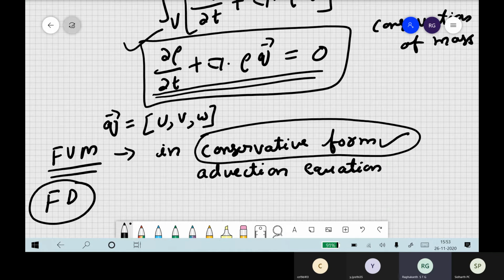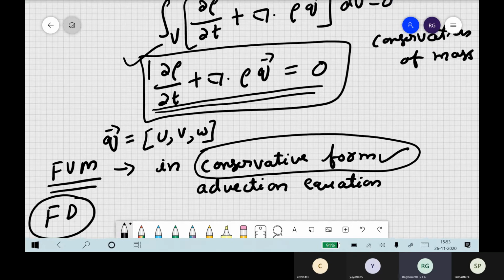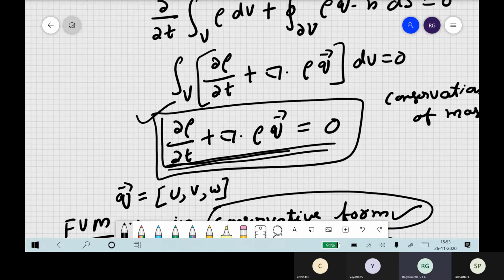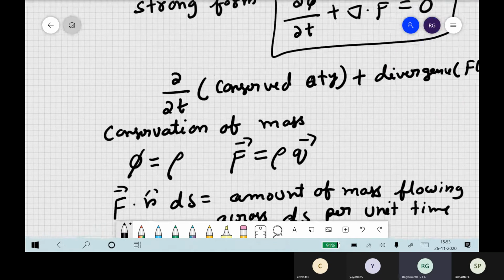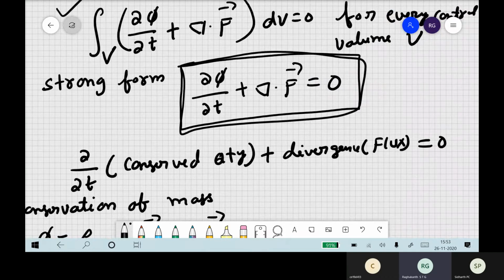Now if you see this equation, what is the order of this equation? We have written this as the conservation of mass. What is the order of this ODE in time?